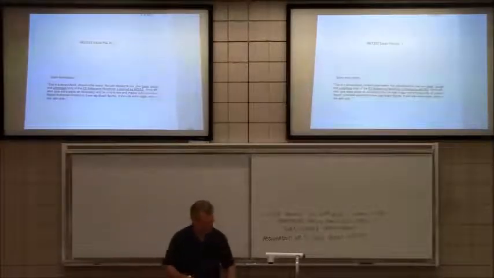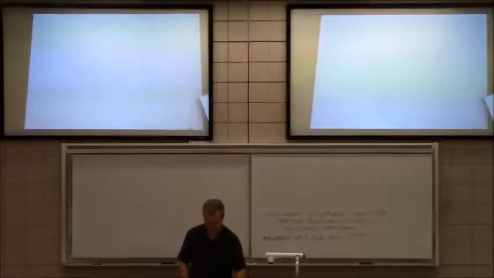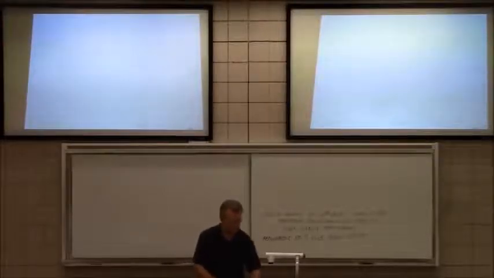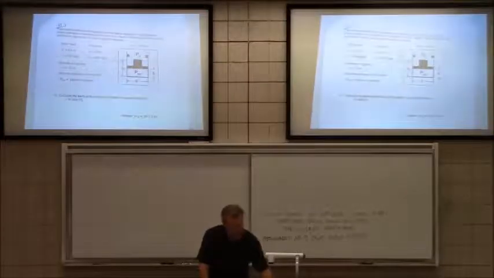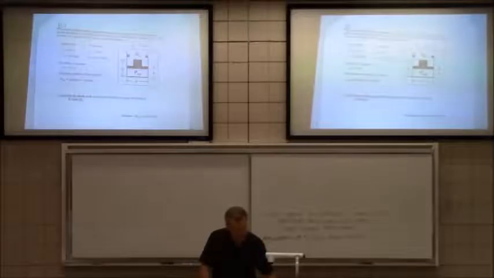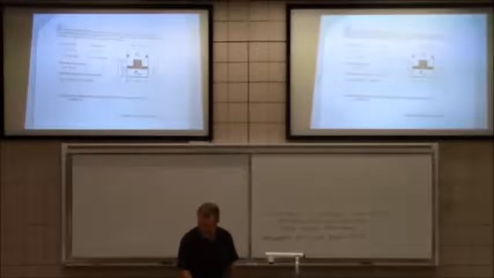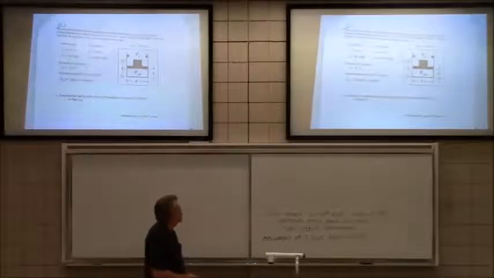Problem 11. A sealed piston apparatus contains air, with a frictionless piston that holds a constant pressure. We're given the pressure, heat is added, causing the air in the cylinder to expand. So this is a constant pressure system.